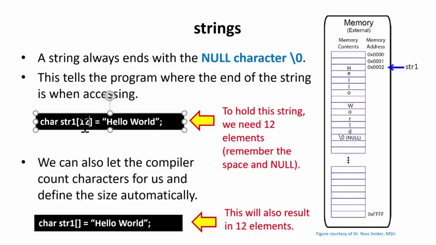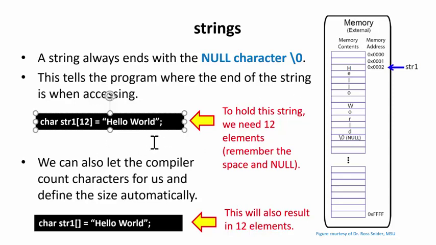So I said I need 12 chars in memory. And you're like, 12? Where does that come from? Well, HELLO is 1, 2, 3, 4, 5, and then the space is 6, and then 7, 8, 9, 10, 11, and then the null. So you needed that null for the last one.